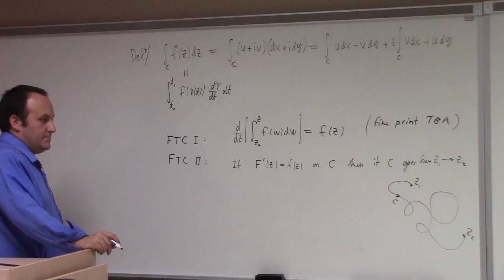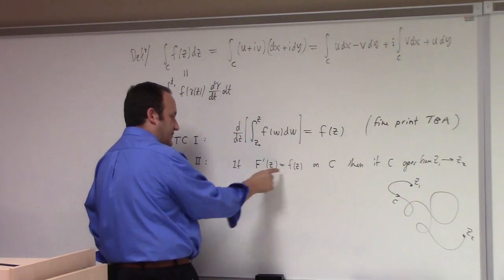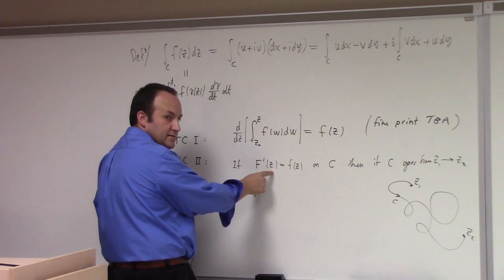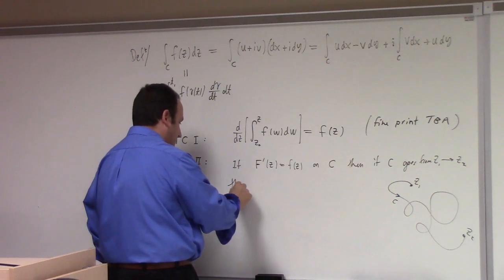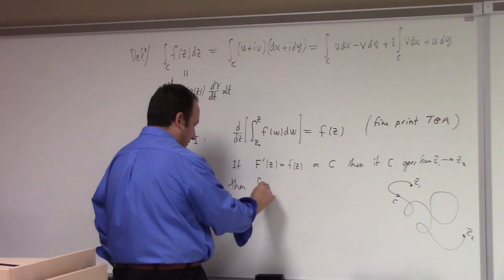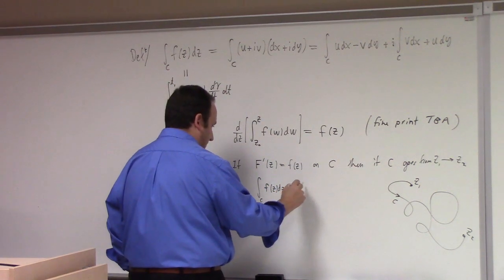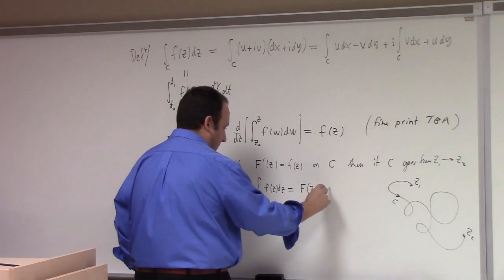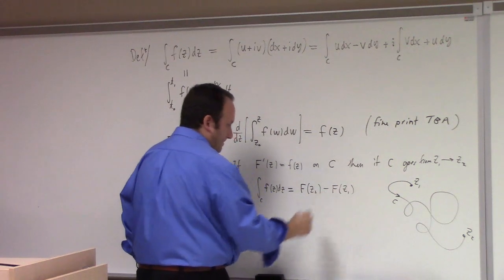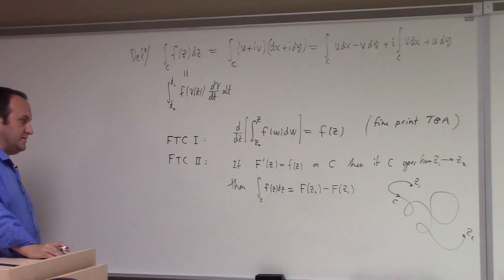And for such a curve, if the derivative of big F is equal to little f, in other words, if big F is an antiderivative of little f, then the integral of f(z) dz on that curve is in fact equal to F(z2) minus F(z1). So that's the fundamental theorem of calculus part 2, but also true in the complex case.